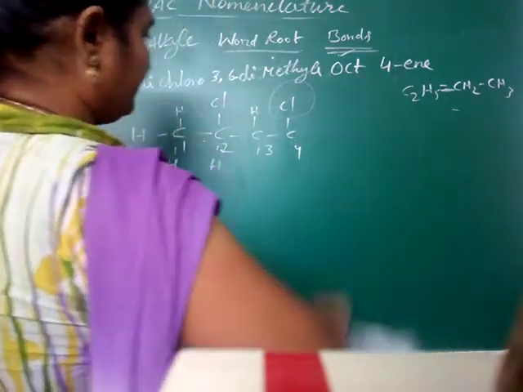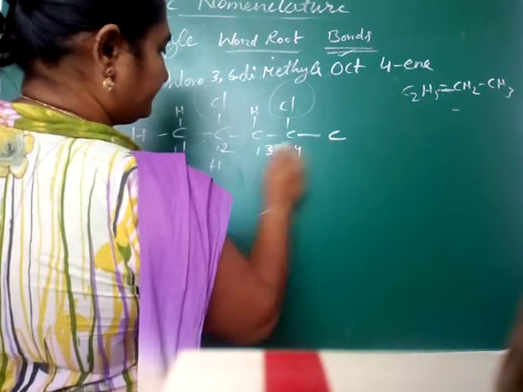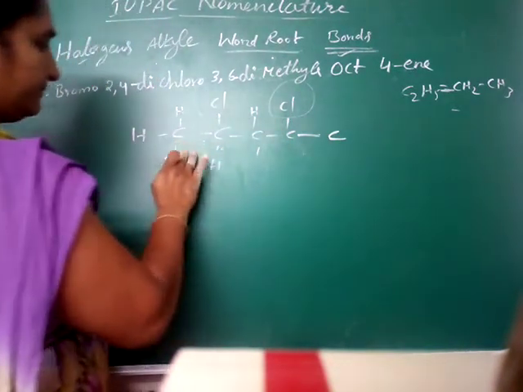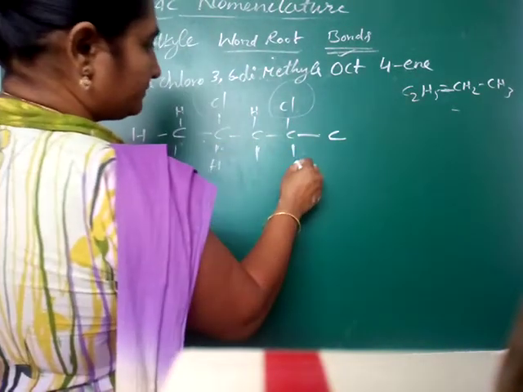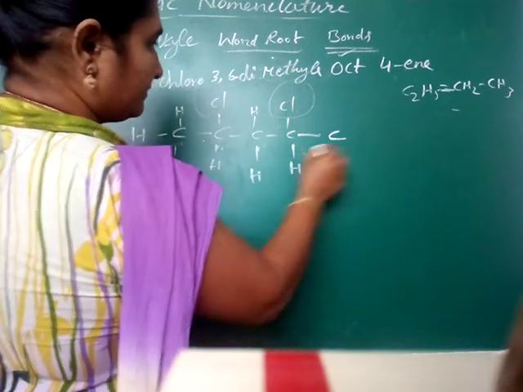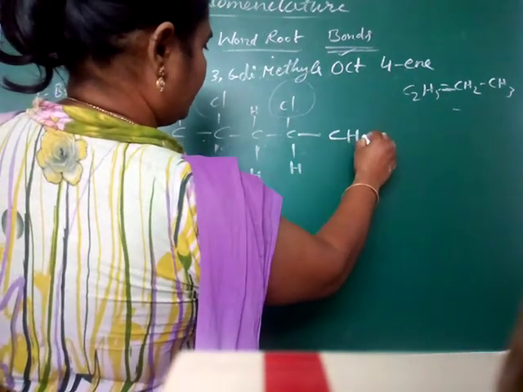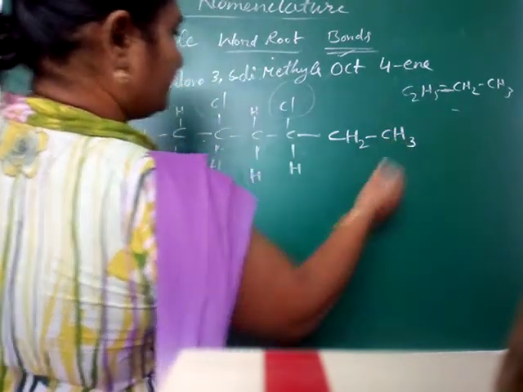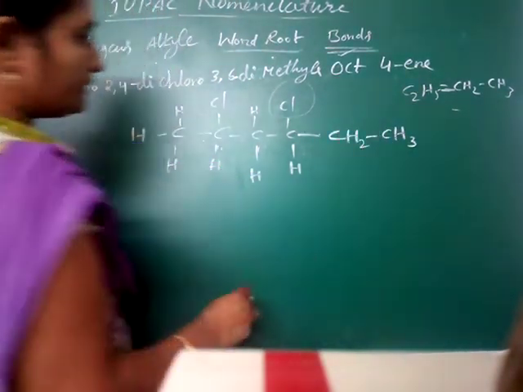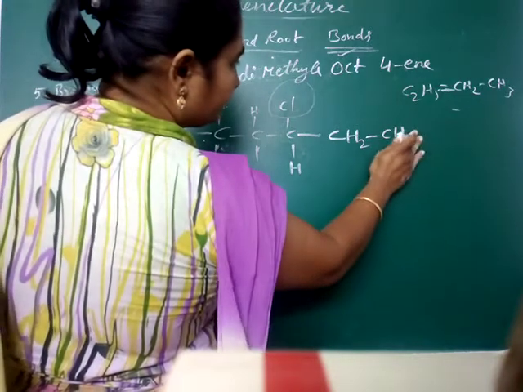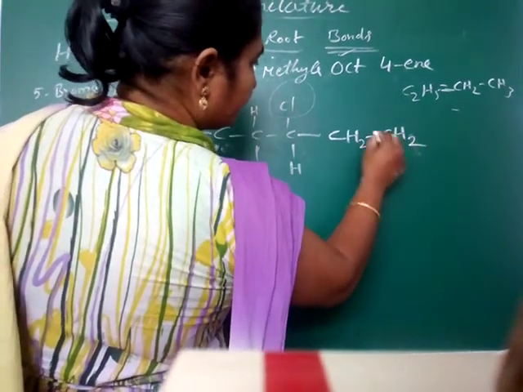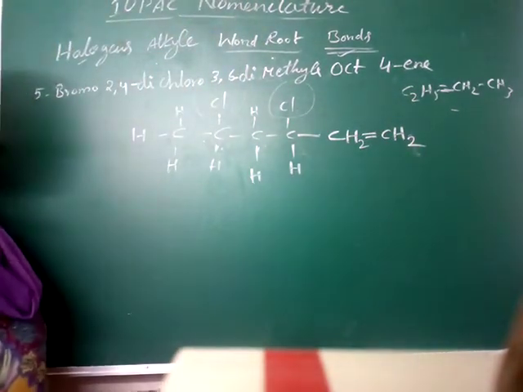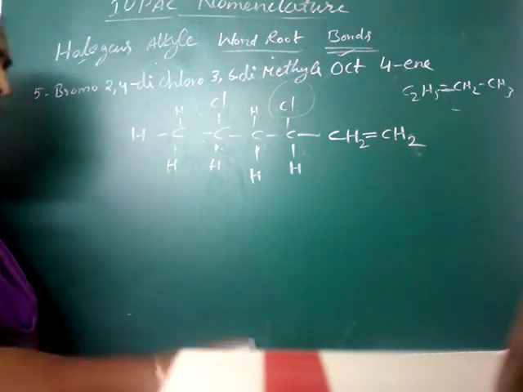Okay, in this only I am writing a smaller one. You see, suppose this is the one compound you have. Again you have to give numbering.